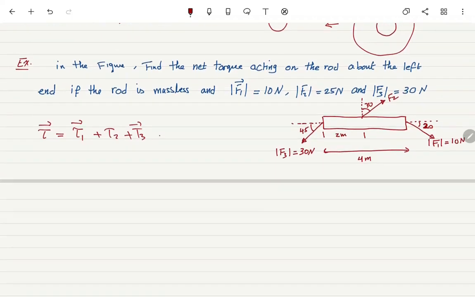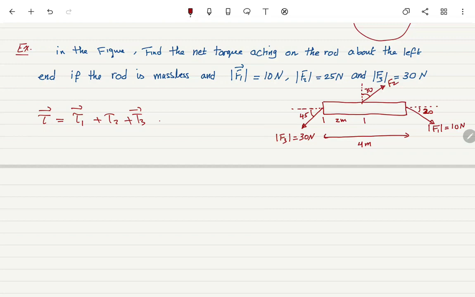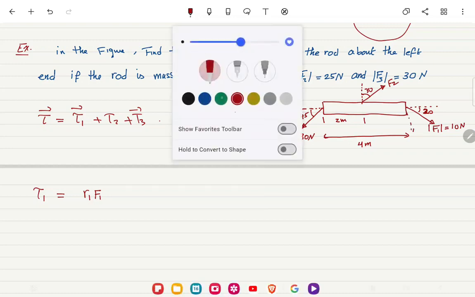Let's find torque 1. Torque 1 is equal to R1 cross F1, and here's F1. Remember, only the perpendicular component of the force applies here.